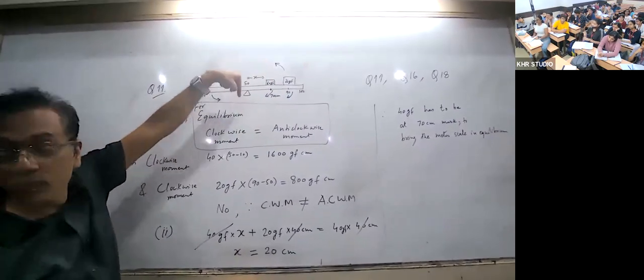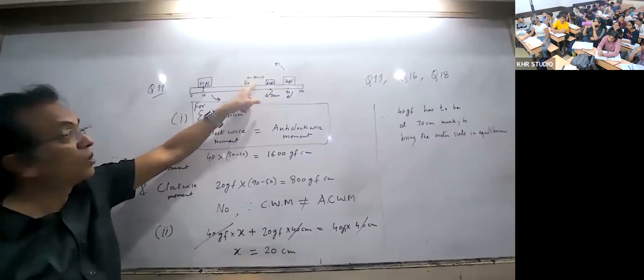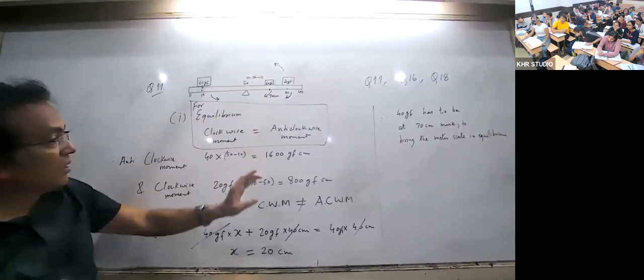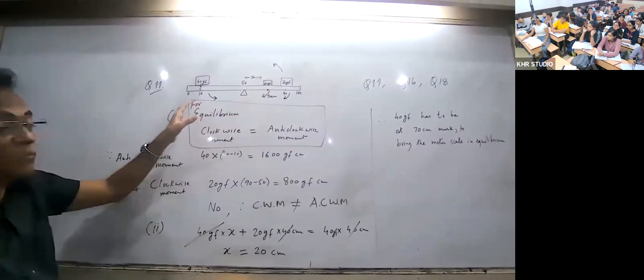So I have to put an additional clockwise moment. I'll load the weight here at position X. The sum of all clockwise moments is equal to the sum of all anti-clockwise moments.